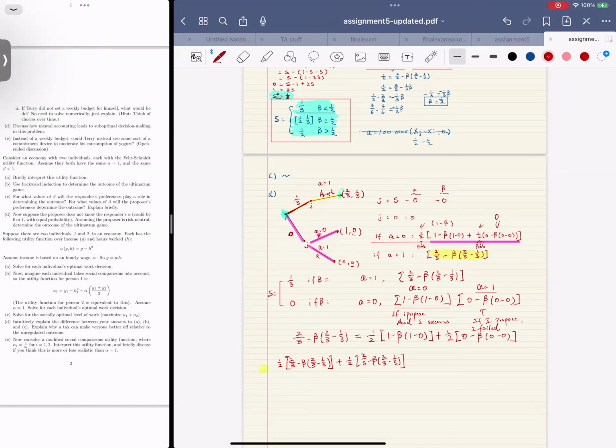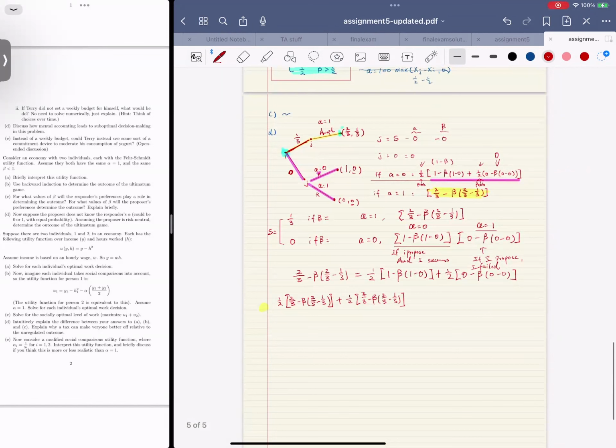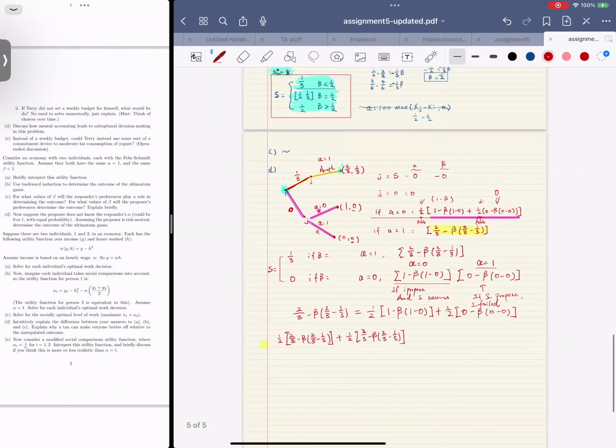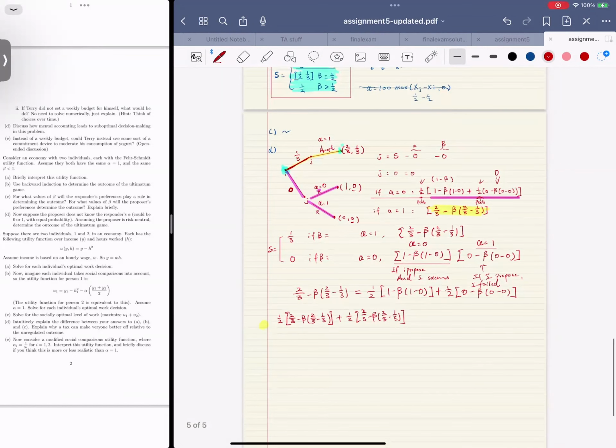Because if I'm offering, it looks exactly like this tree. We're trying to set that yellow is equals to the pink. We're not saying that I have 1/2 probability of giving J 1/3, right?